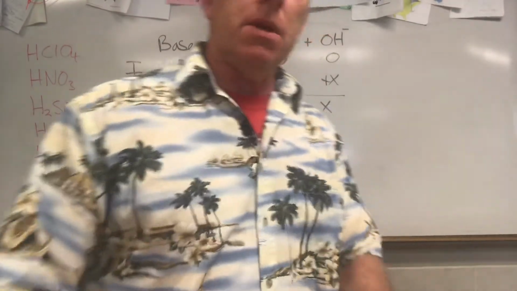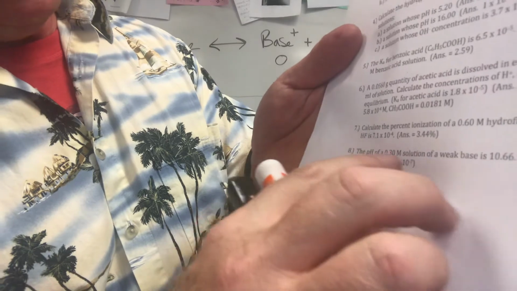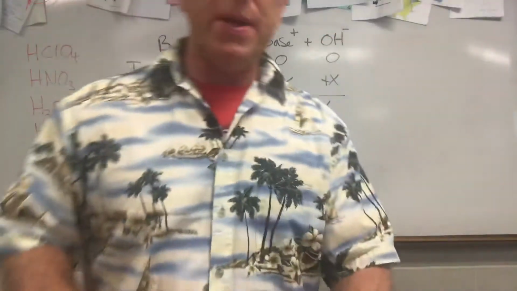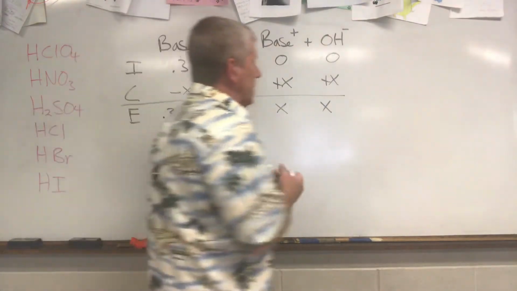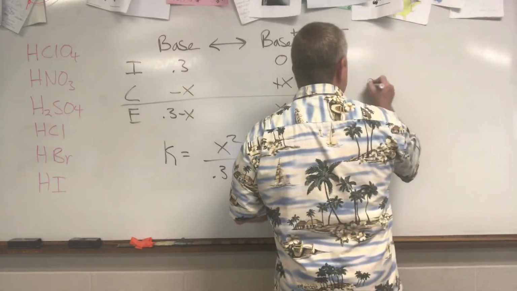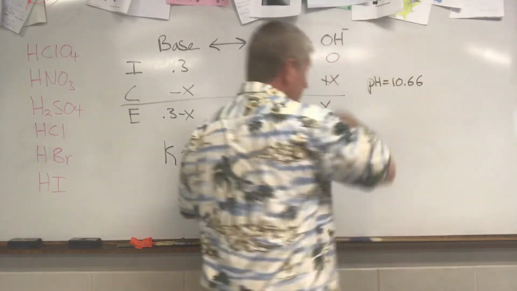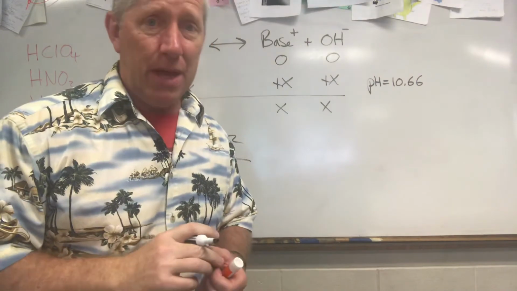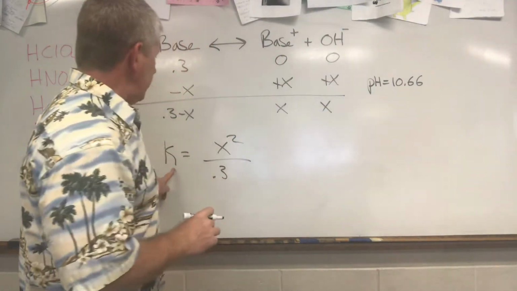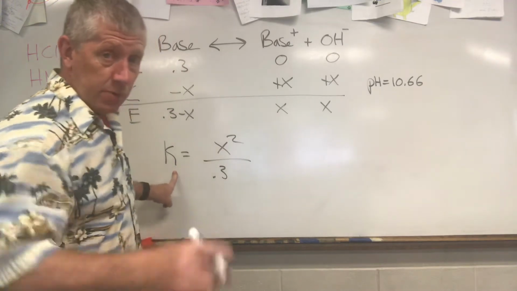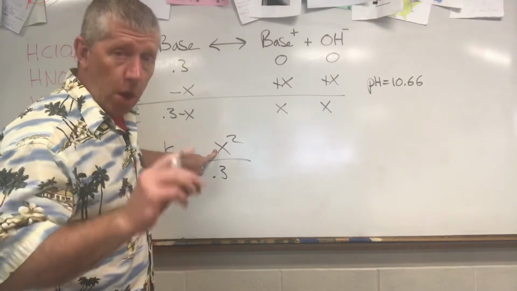We were given a hint here. We were told that the pH of the solution is 10.66, which makes sense. It's a base, so it should be in the alkaline range. So I know the pH is 10.66. How does that help me?